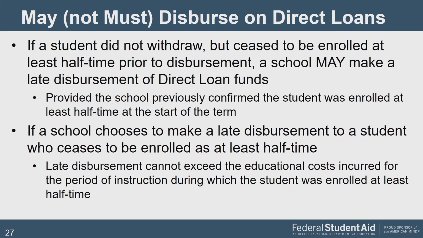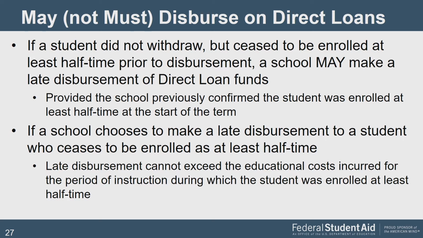Now you have the option of disbursing or not when it comes to Direct Loans in certain circumstances. Let's say the student did not withdraw, but they are no longer enrolled at least half time prior to making that disbursement. You may still make a late disbursement because remember, when they started school, they were contracted for more than half time.